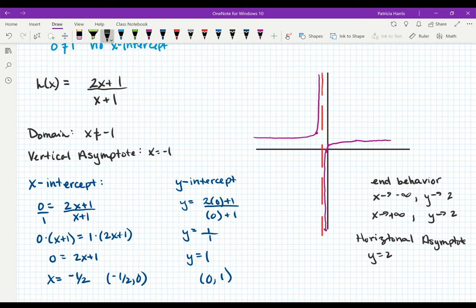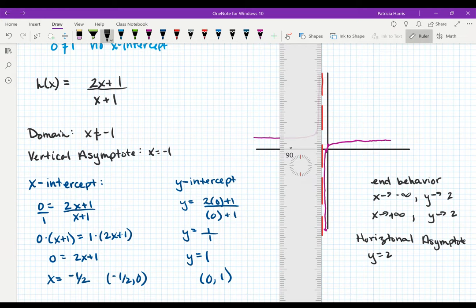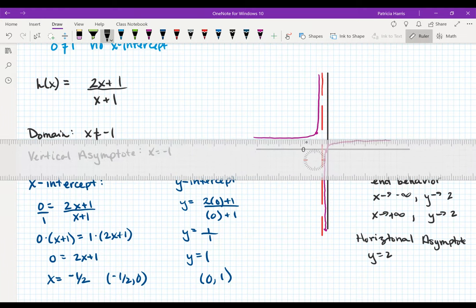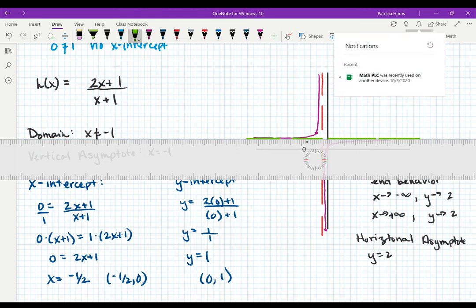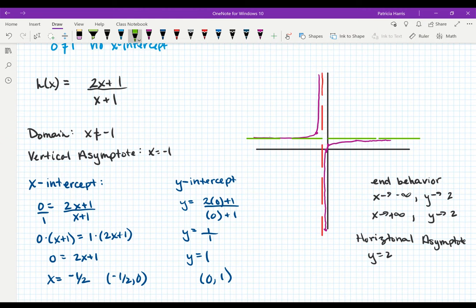All right, now, so let's draw that in, just so we have it there to see. So this graph is a little bit different in that it has both a horizontal and a vertical asymptote. Okay, so that does happen.